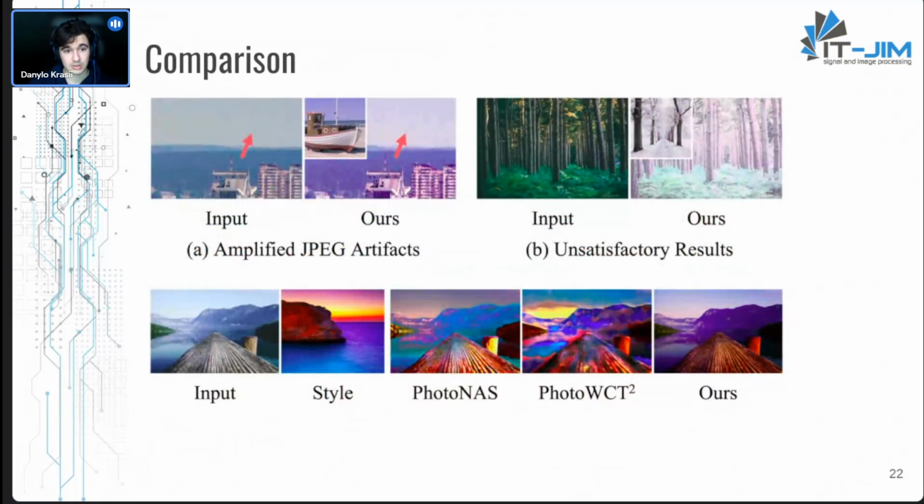About limitations, Neural Preset has three limitations. The first one, you can see that if the input image has a high compression ratio, God bless JPEGs, artifacts may appear on the photo. Also, results may be unsatisfactory if some colors in the input images, for example, green color here, do not exist in the style images.